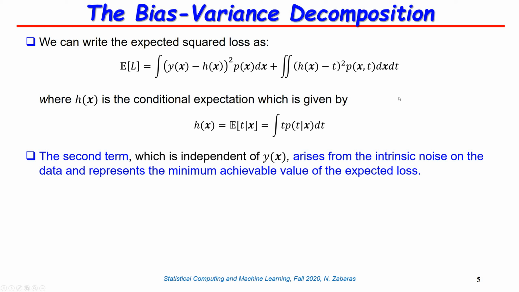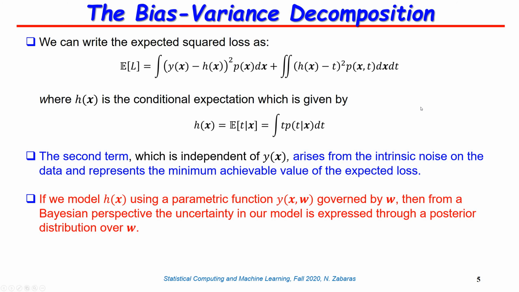What we usually do, for example in a Bayesian setting, is approximate this optimal solution, because we cannot compute it exactly, with some regression function that has these parameters w, the same way that we have seen in the frequentist approach in our lectures on regression up to now.